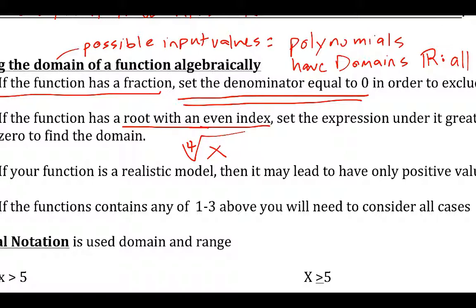Square root's the most famous. What I want to put in here is a reminder of what that also means in power mode. Do you remember that's to the 1/2 power? This is x to the 1/4. So even index means it's one of those with an even root of some kind. So 6th root of x, and I think you get the idea. I don't want to overdo it.